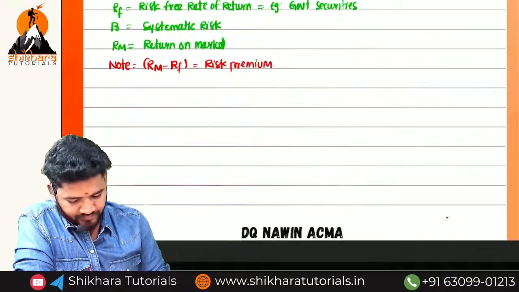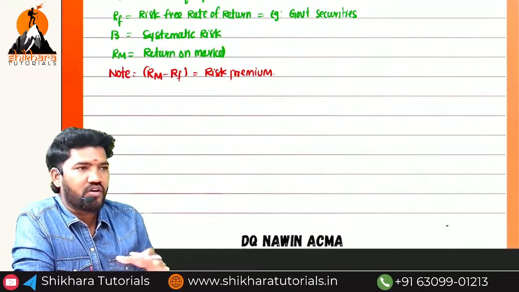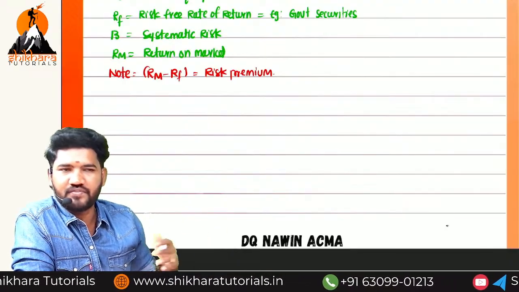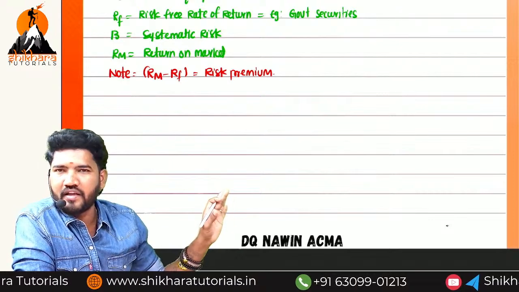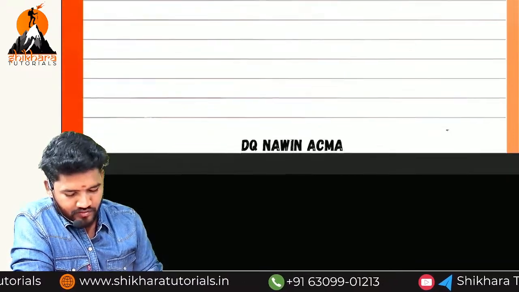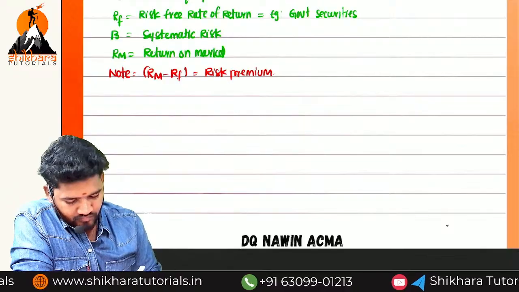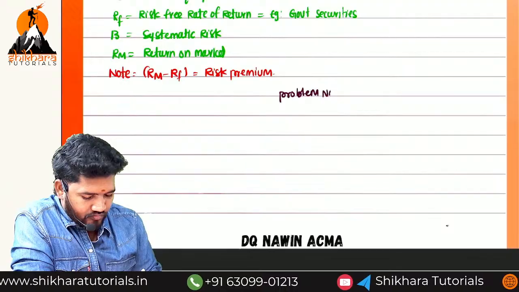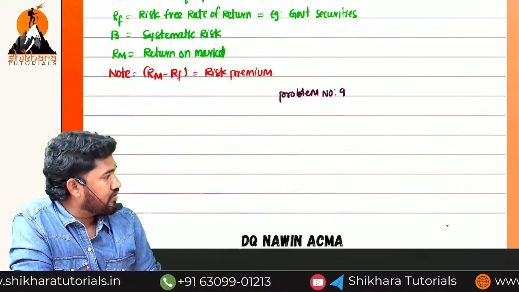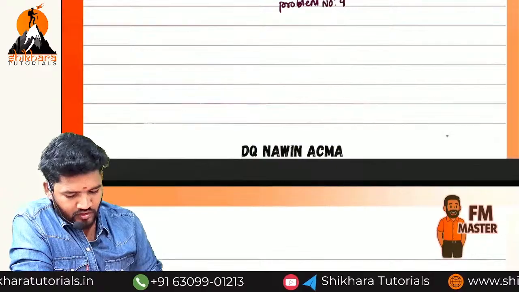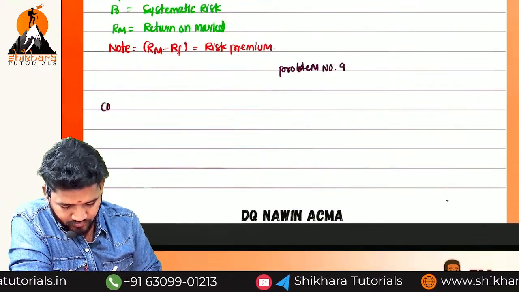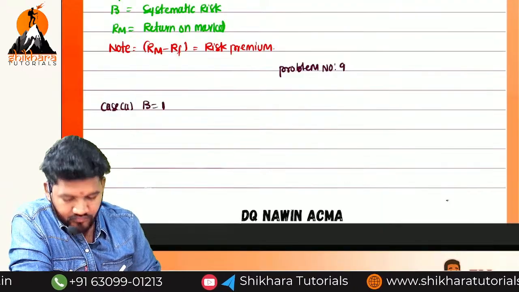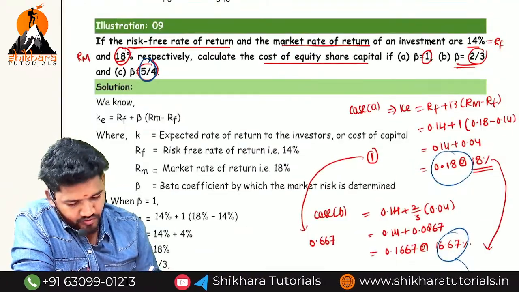Illustration number 9. I will just write shortcuts, okay? That is not important for the exam standard, just for conceptual clarity. I inserted the problems. Case A: beta equals 1.